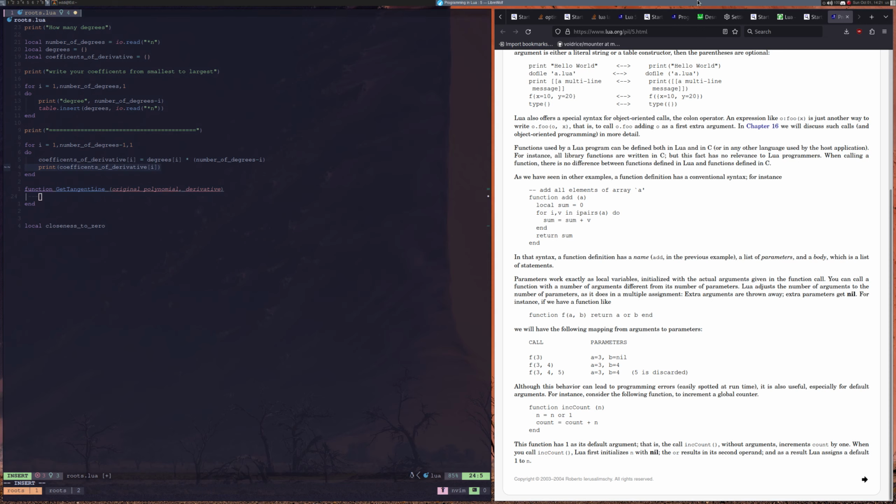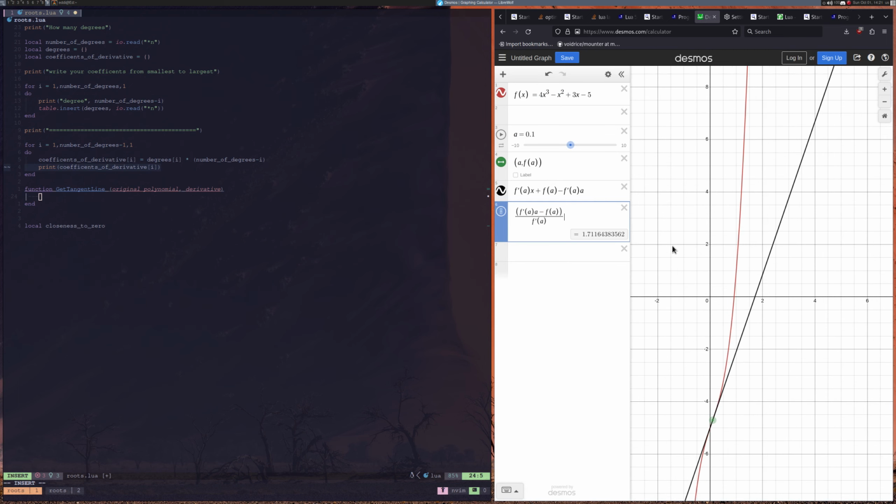Alright, so remember the tangent line. What is this? So how do we get? We pick a random number. Let's start with. Let's call this input. So let's do local.